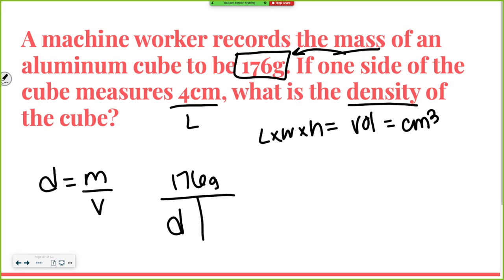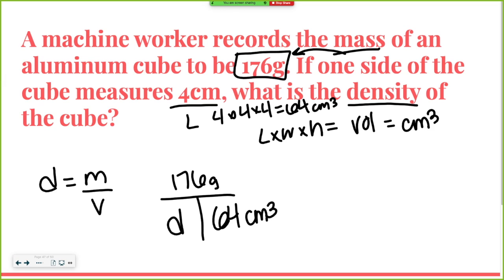64 centimeters cubed. So right here, 64 centimeters cubed. All right, so this is where you were asking, does it matter, right? So now we have centimeters cubed. That's why it's important, because when I write my answer, I know what it was measured in.